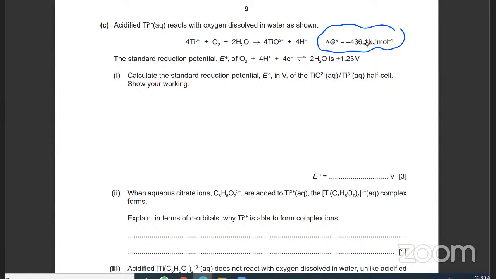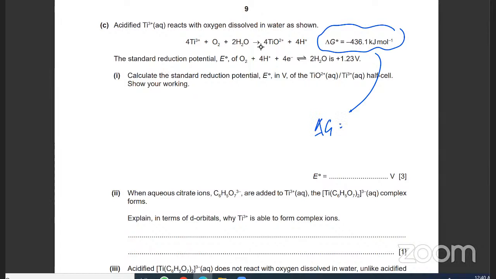You had the two reactions. We can try and do this one. The standard reduction potentials are given, E naughts are given for this one, but for the other one it's not given. So you can figure out the E naught cell using this.